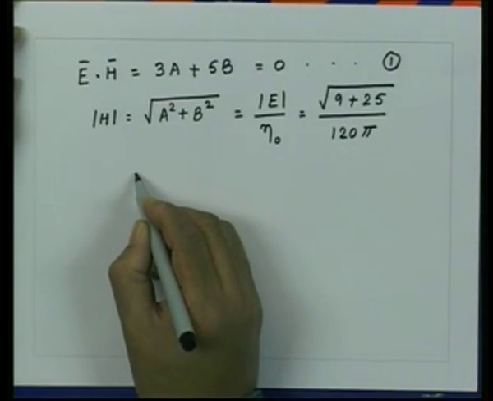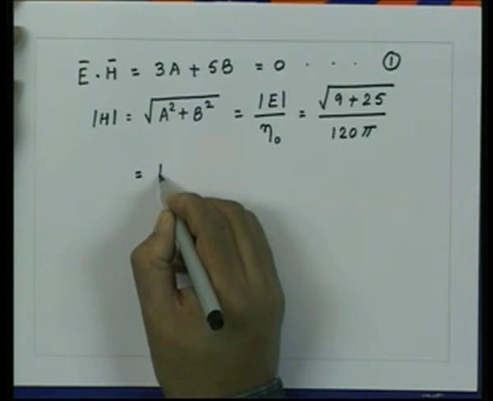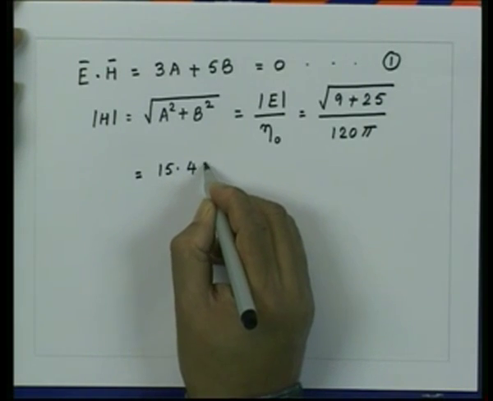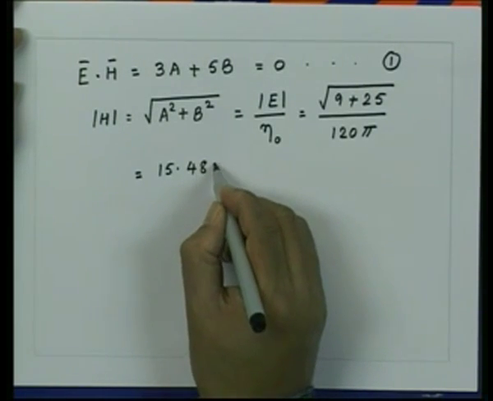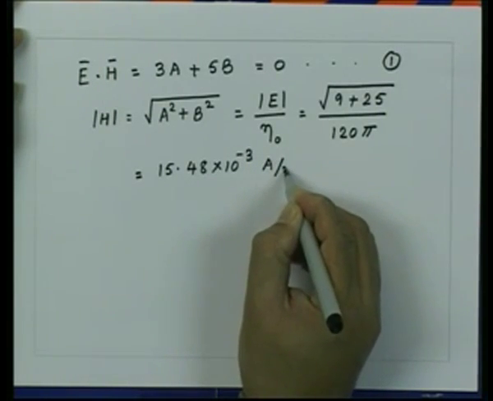So, the mod of H is equal to 15.48 into 10 to the power minus 3 amperes per meter.